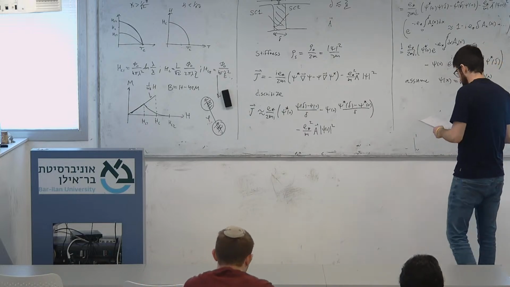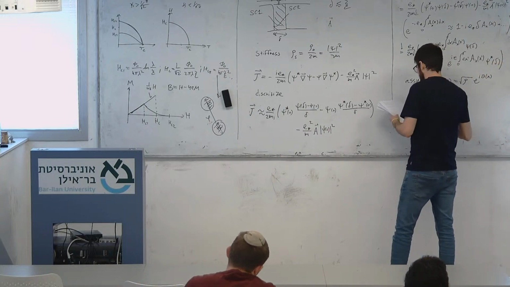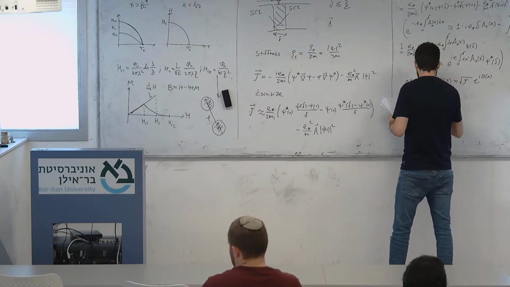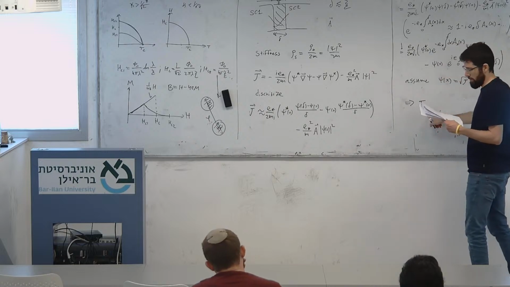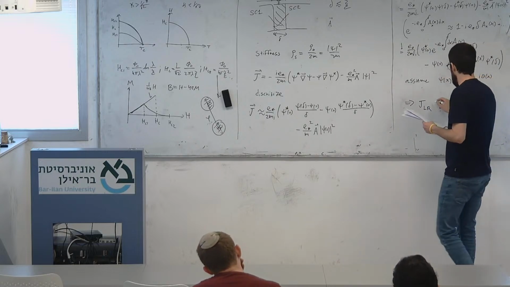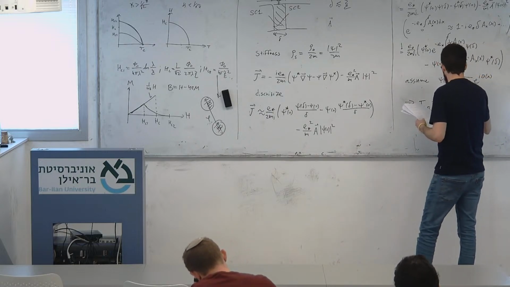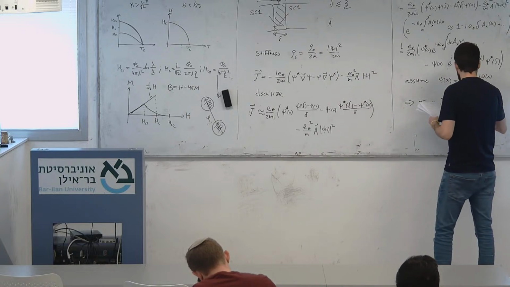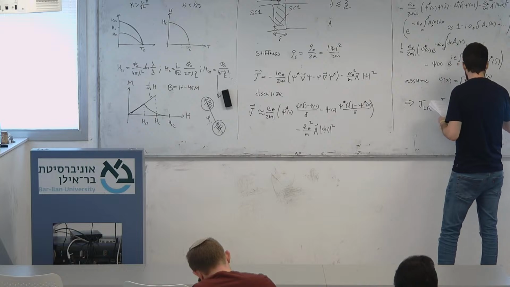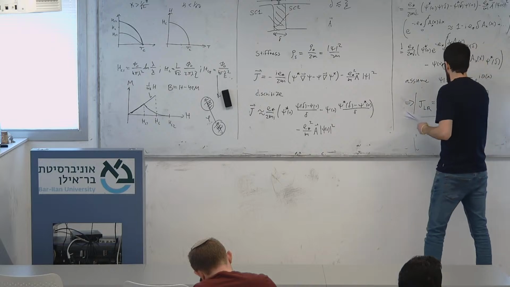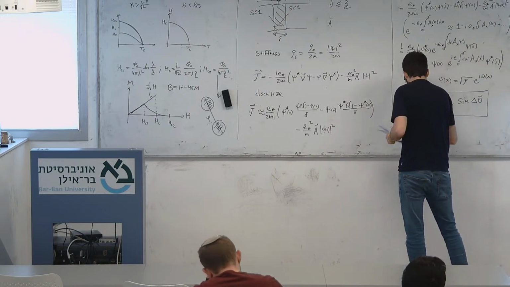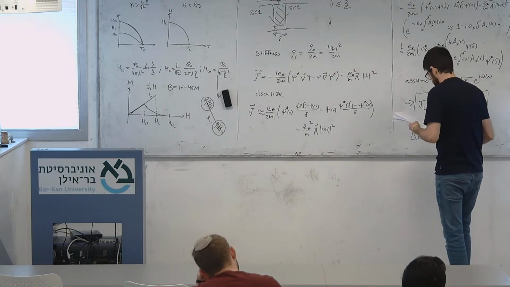Then we get that the current density from left to right takes the following form: J max sine of delta theta tilde, where delta theta tilde is what we call the gauge invariant phase difference.